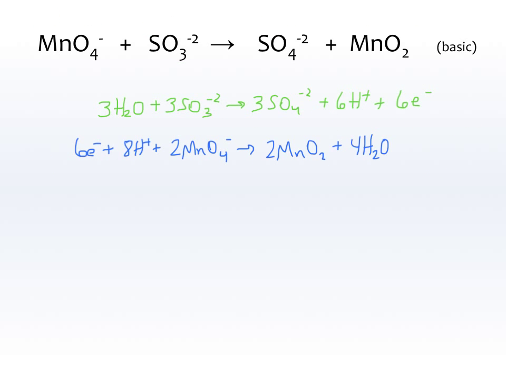So now that you've rewritten what you have, it should be easier to see that the 6 electrons are going to cancel. And even before you start adding the reactions together, if you've rewritten what you have, you should be able to see the hydrogens and the waters that will cancel. We have 3 waters on the left and 4 waters on the right. So all 3 of these are going to go, and all but 1 of those are going to go.